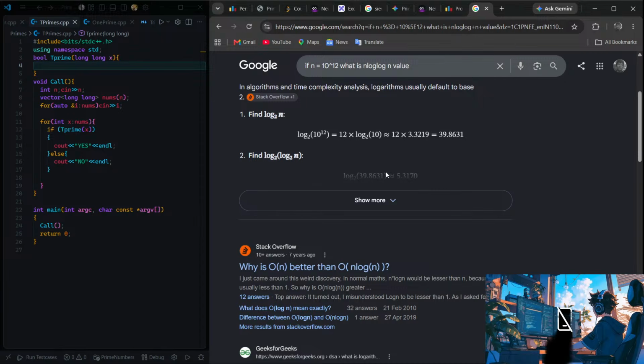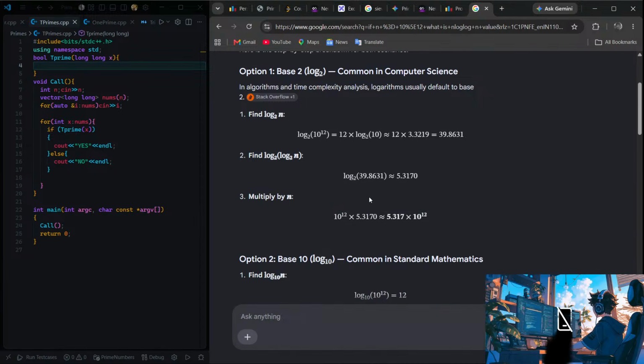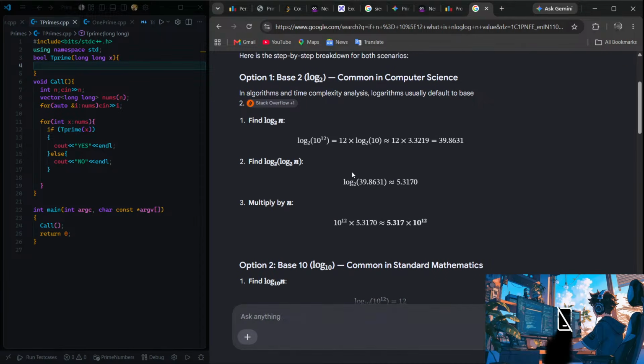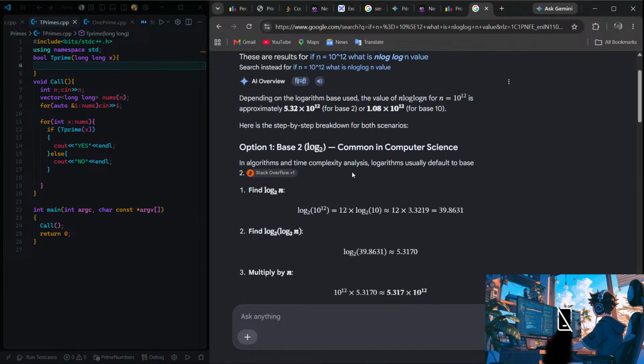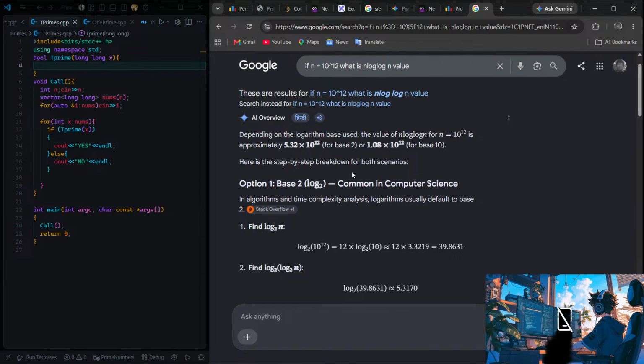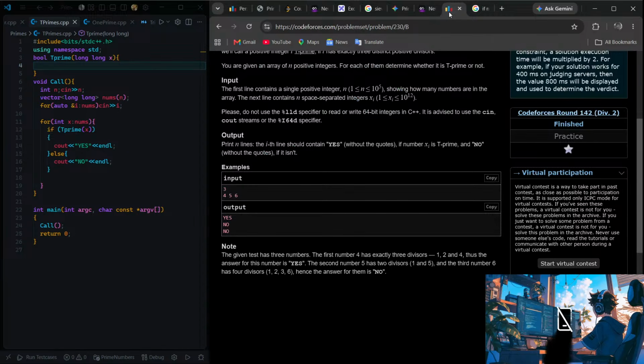Oh, it will be 39. What the hell? Base 2 log, common in computer science. The algorithm value n log log n is approximately 1.8 into 10 raised to the power 12, so it will take too much time.